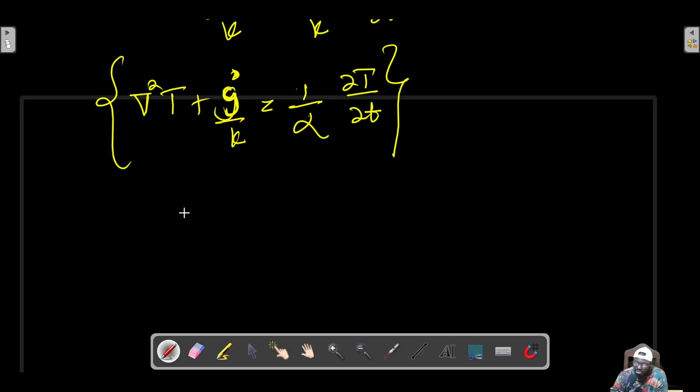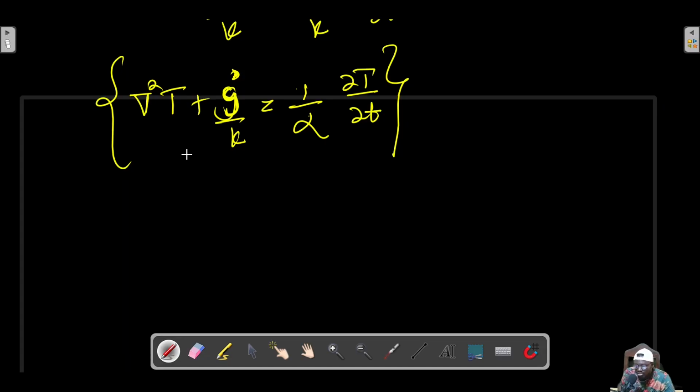We also said that all the quantities are constant, except thermal conductivity, initially. Cp is constant, density is constant, Cv is also constant. That's what we said.